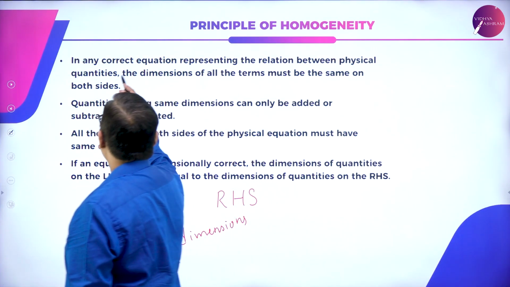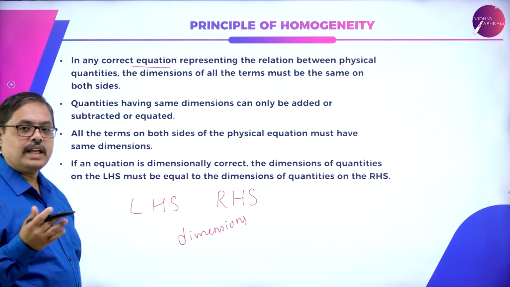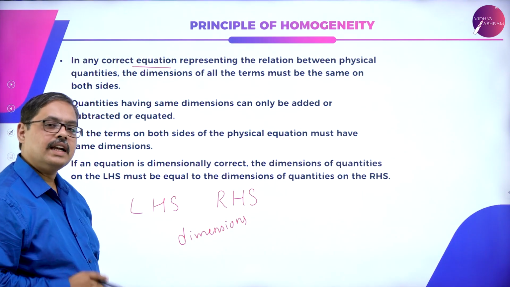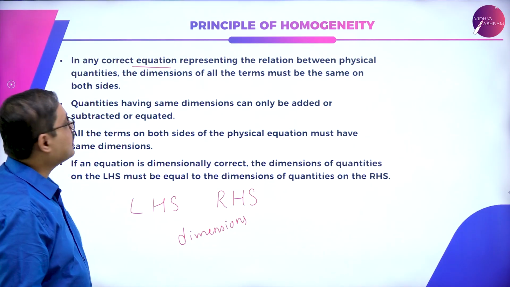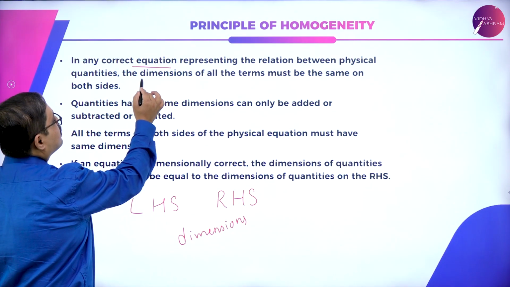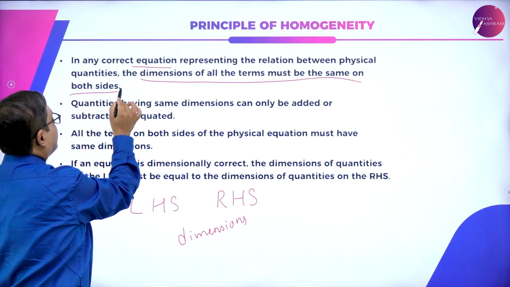In any correct equation representing the relation between physical quantities, the dimensions of all the terms must be the same on both the sides.